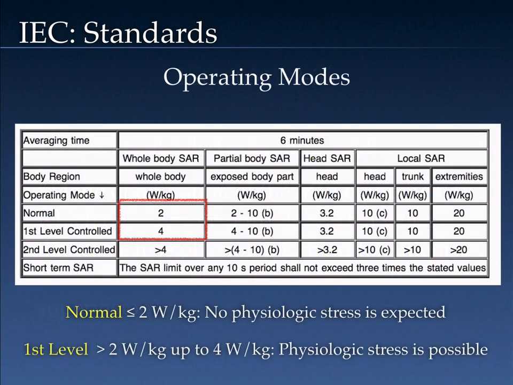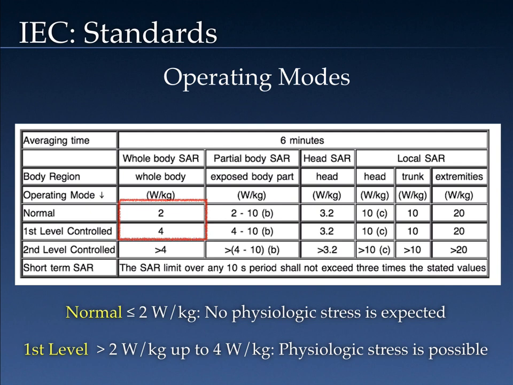Now, with regard to the RF, because that's what we're focusing on, our limit in clinical imaging is 4 watts per kilogram. But for whole body SAR, the normal operating mode would allow us only to go up to 2 watts per kilogram. So 2 watts per kilogram or less when scanning in the normal operating mode for RF. In this mode, no physiologic stress is expected.